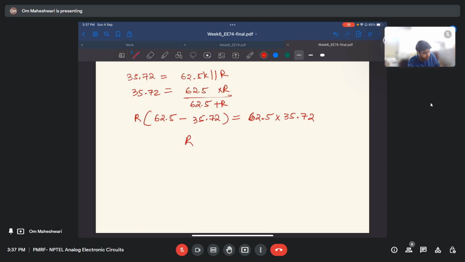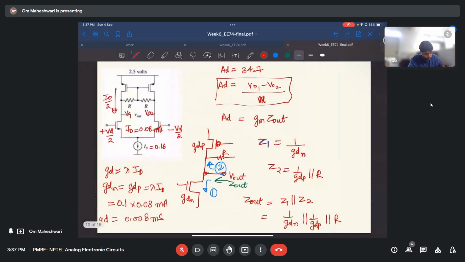Anyway, if we solve this, we will get R equals to around 85 kilo ohms. And this should be the answer.